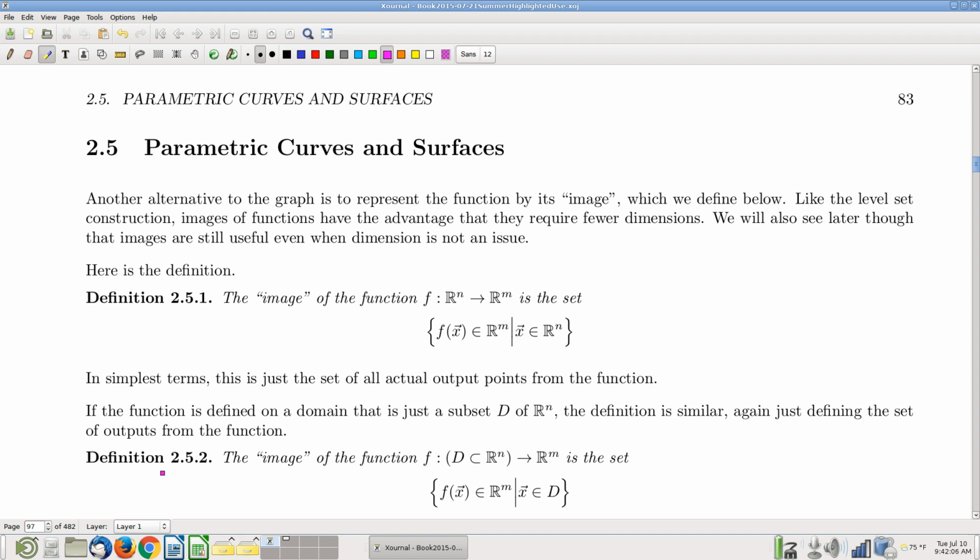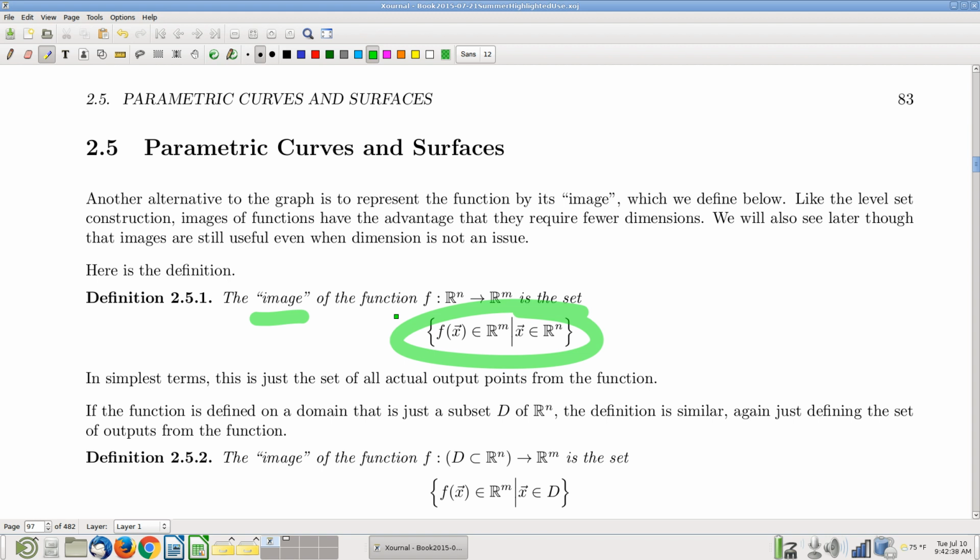So what I want to talk about first is this thing called the image of a function. And you already know what that is. The image, I wanted to switch to green, I'm sorry. The image is this set right here. It's a set of actual outputs from the function, right? So we distinguish between the image and the target. The target is just R^m, just what kind of critters come out of this thing, right? Well, points with m coordinates are the kinds of objects that come out of this function, so that's the target.